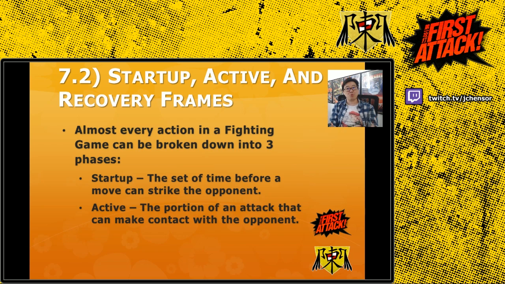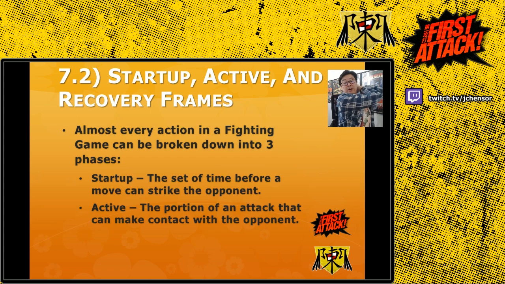Once the move finishes its active frames and can no longer hit the opponent, the move doesn't just end, right? The move will have a little bit of follow through afterwards. The person has to finish swinging their punch, or if they do a back fist and hit, after they're done, they have to finish swinging. It's basically the follow through. You don't see someone swing a baseball bat, hit the baseball, and then just stop swinging.